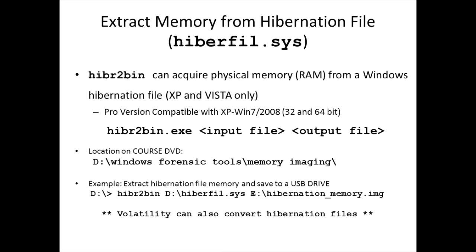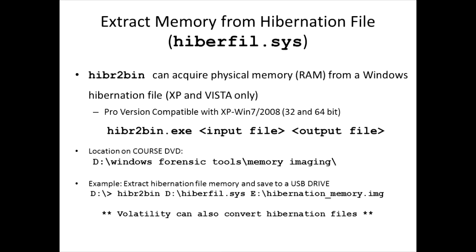And there are tools you can use to convert that hibernation file into a raw memory dump that you can then use something like Redline or Volatility on. Volatility, in fact, has a module that will convert hibernation files. Now, my experience with the Volatility module has been sort of hit and miss. Sometimes it works and sometimes it doesn't. But you can always try it, and if it works, great.